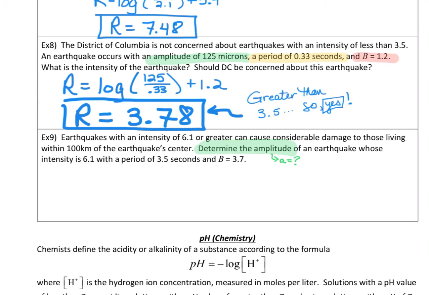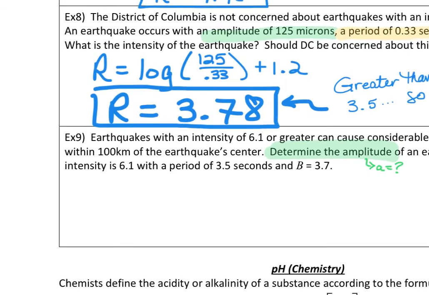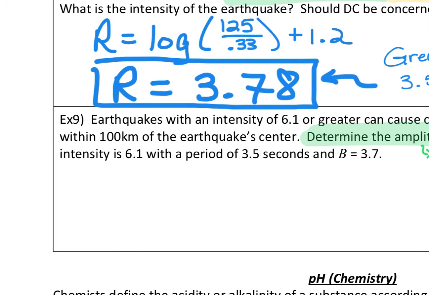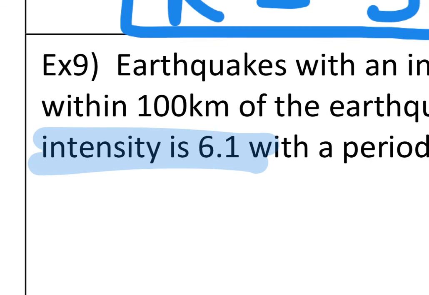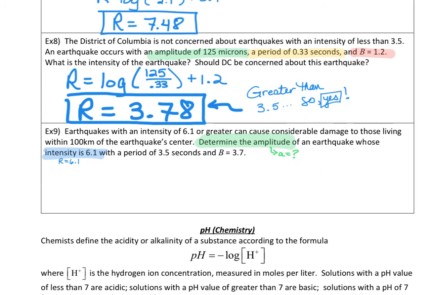Oh boy, hang on a second, sorry, clicking all kinds of bad things here. The intensity is 6.1. That means that on the Richter scale, it was a 6.1 earthquake. That gives you an indication of how long I've been working on this video. The period is 3.5 seconds, and your B number is 3.7.